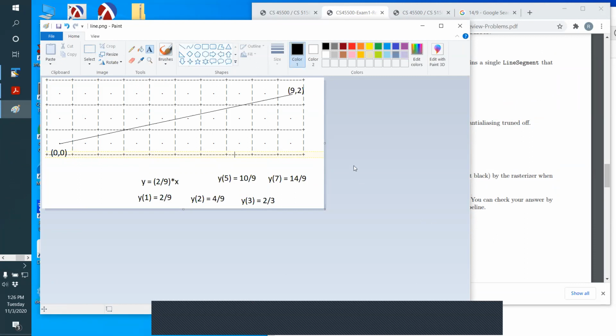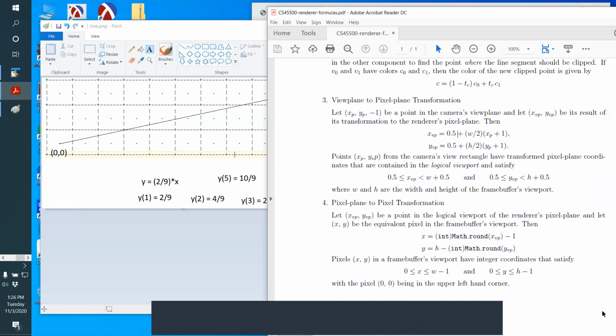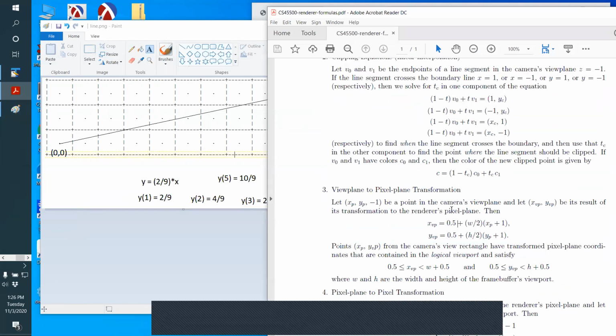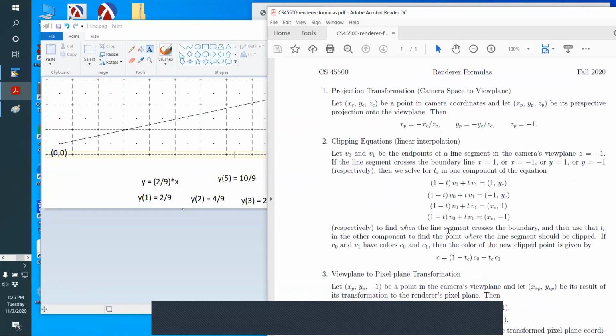So I know you mentioned using the formulas. I wrote up the formulas, and it makes sense the way you just eyed it, transferring from the slope. But I still got a different answer when I used the view plane to pixel plane transformation formula.